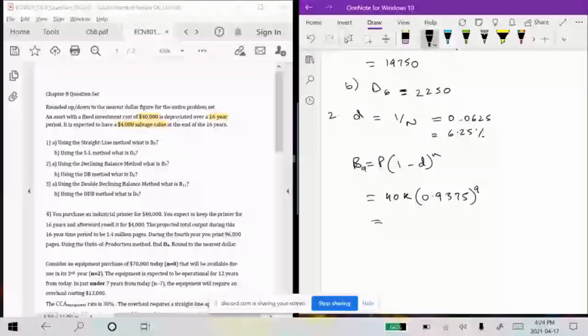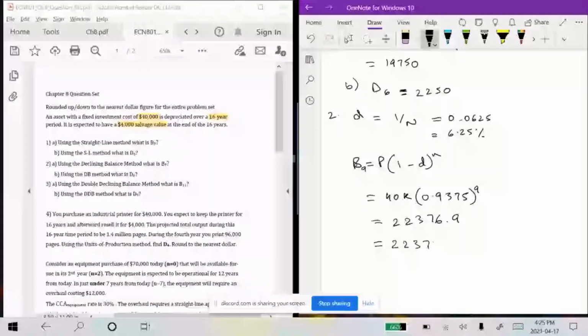We get this as 22376.9. The thing about chapters 8 and 14 is we always need to round it off to actual whole number values. So this would be 22377.